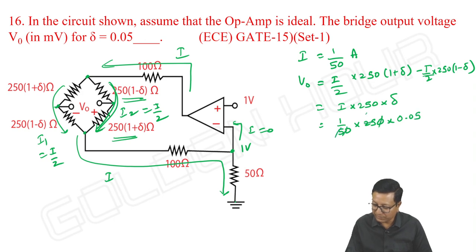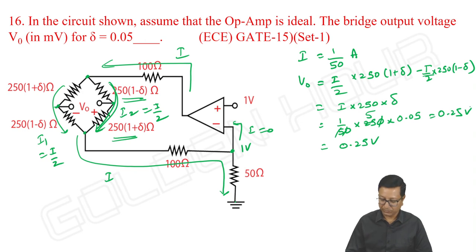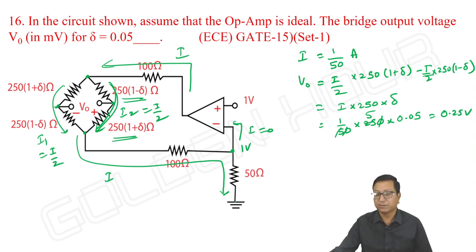So we get 0.25 volts. That's how we can do this problem.